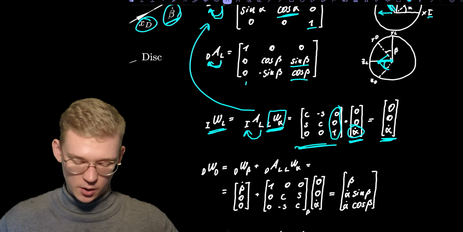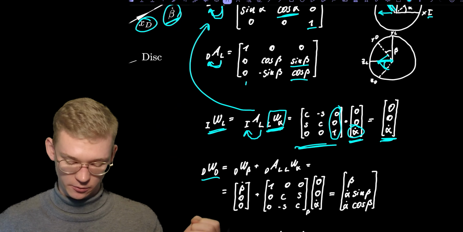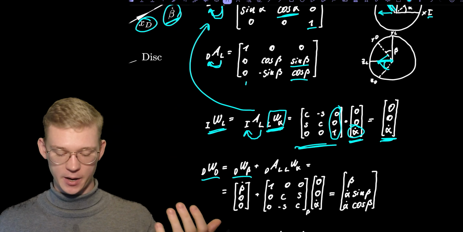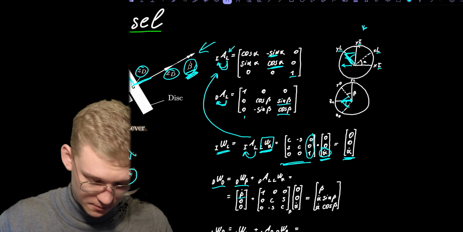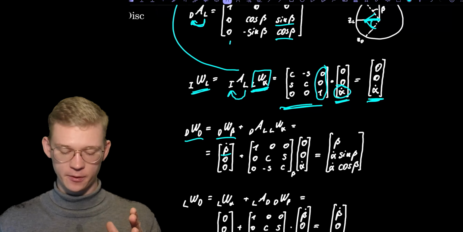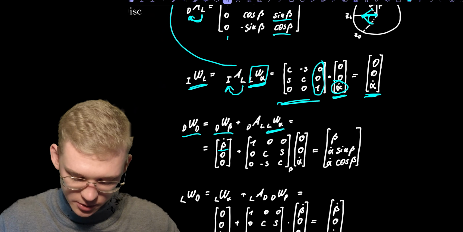Now we want to know what is the rotation in D around D. So first of all, D is rotating by itself around axis X, that was here. And we have a rotation that is happening before that. So we have the rotation around alpha.